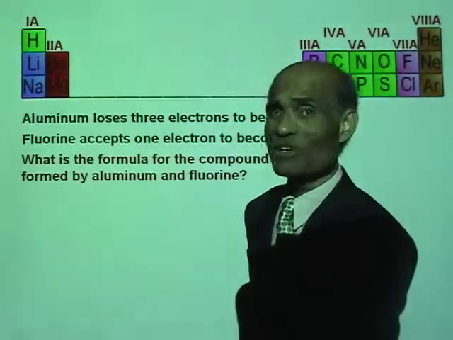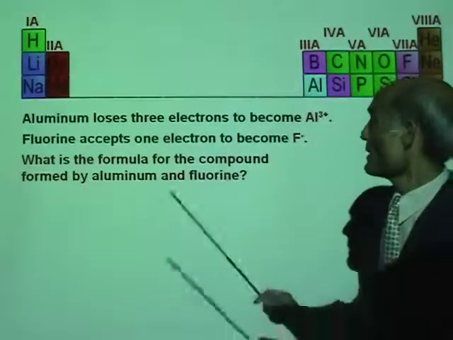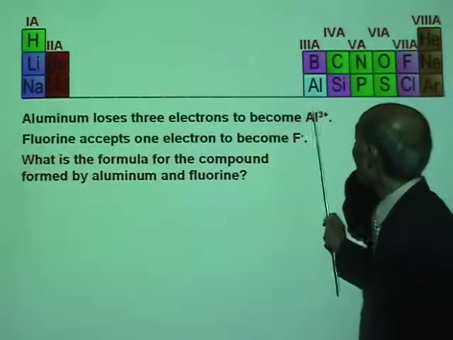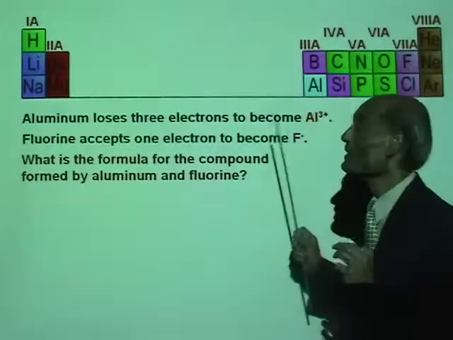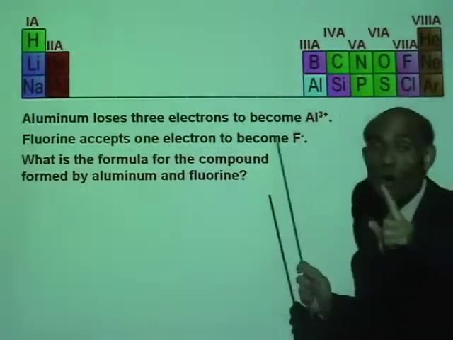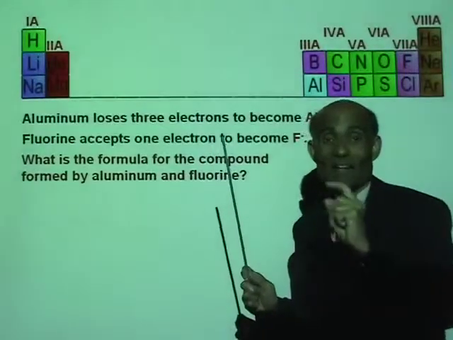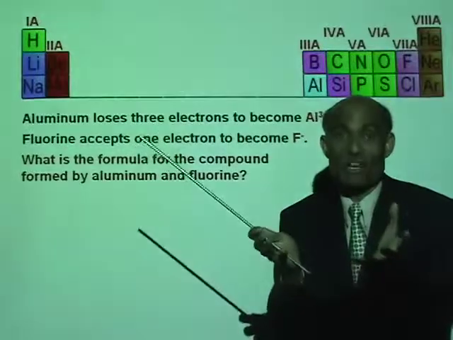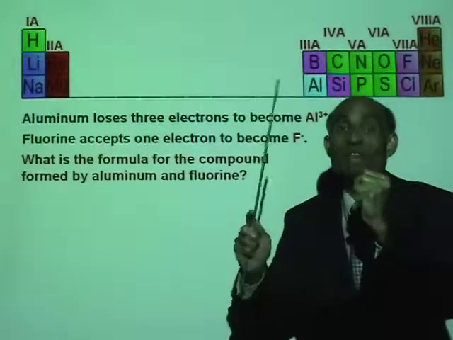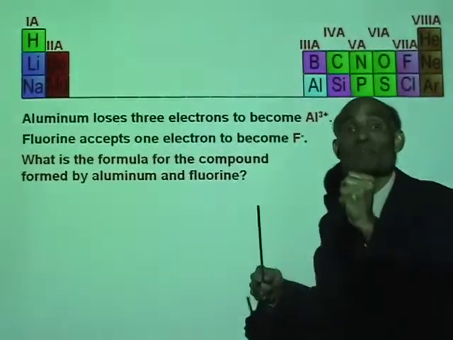Well, that's not very difficult, because aluminum has 3 electrons to give. Fluorine will only take in 1. That means in order to form a strong alliance, aluminum has to find 3 fluorine atoms.